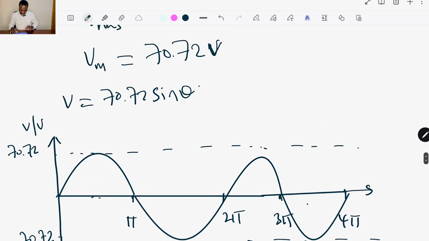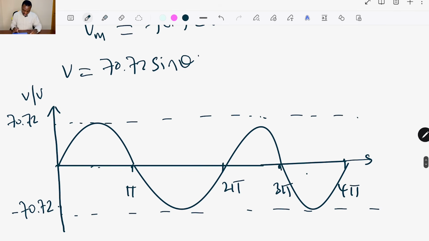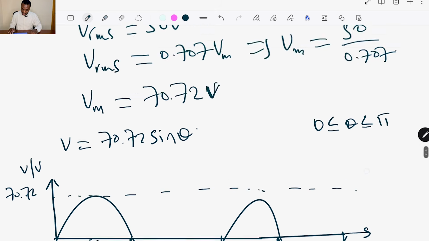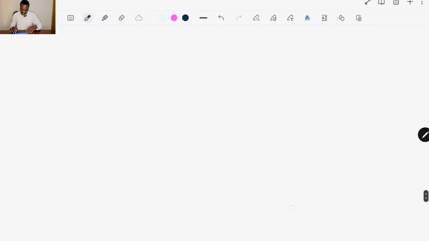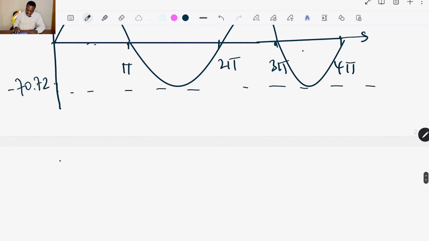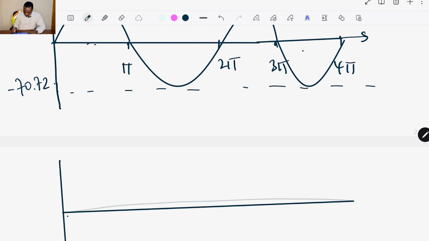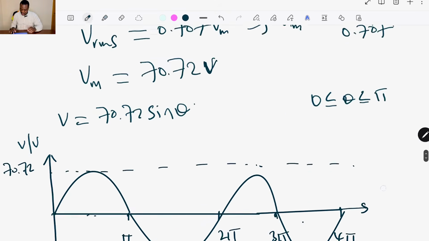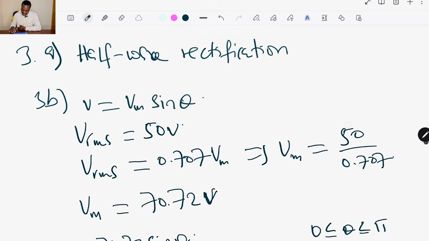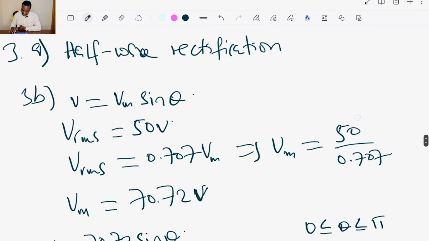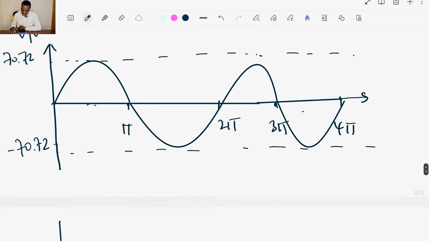With this, the first alternation is from 0 to pi. You can see that part is a positive alternation, so the diode will be forward biased. As a result of forward biasing, the diode will act like a closed switch.